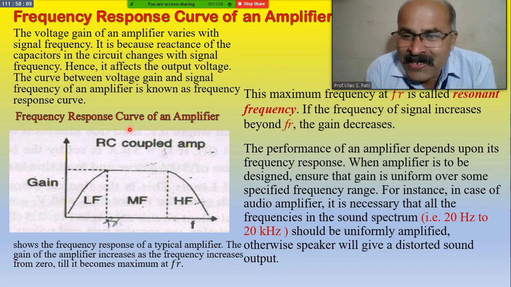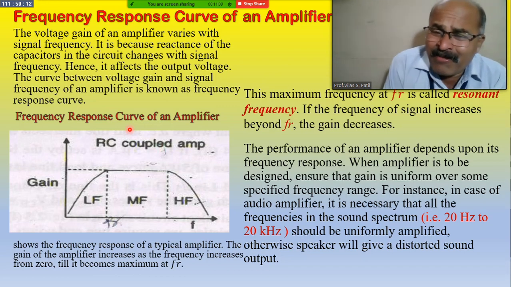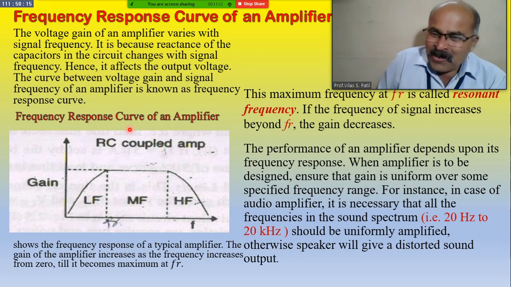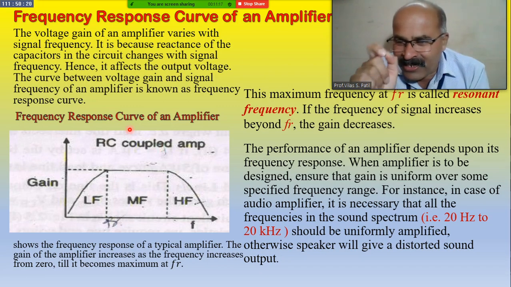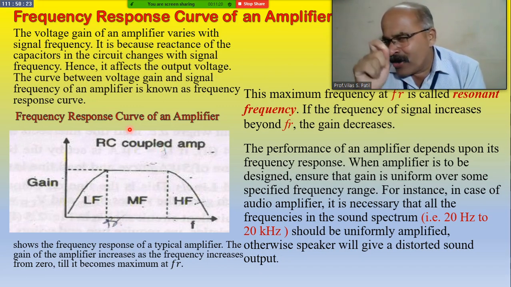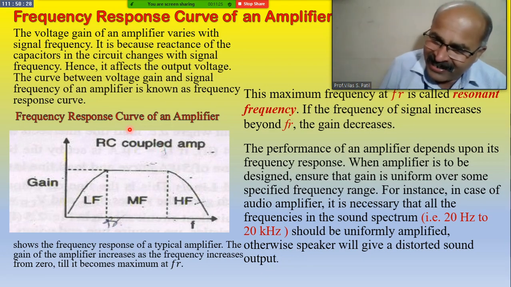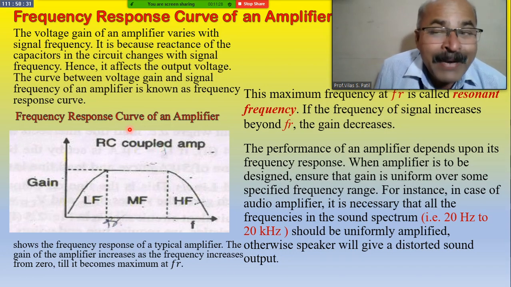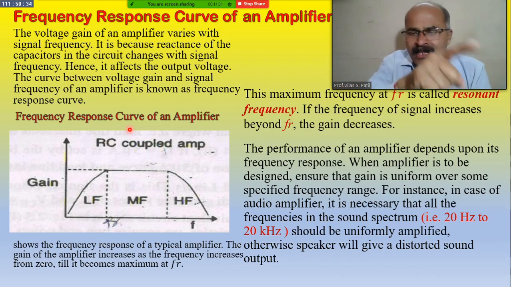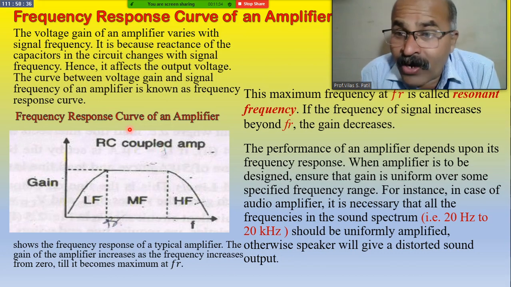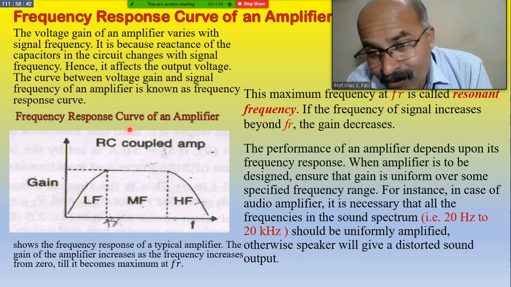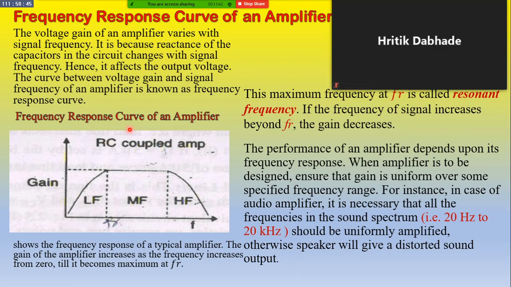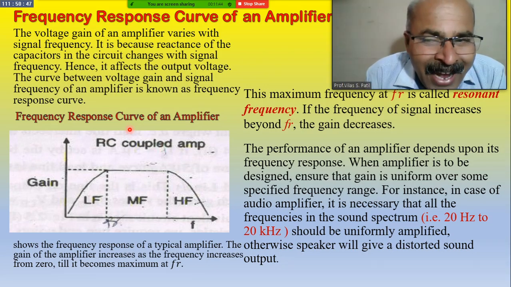Means the frequency response curve is the only sensitive confirmative test which can decide which transistor amplifier is the standard amplifier, which is highly utilized in the electronic industry, which is best applicable. It is decided by this frequency response curve, and the frequency response curve is one of the confirmative tests for the standard mode of the amplifier.